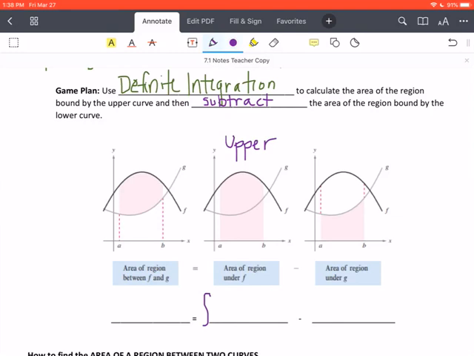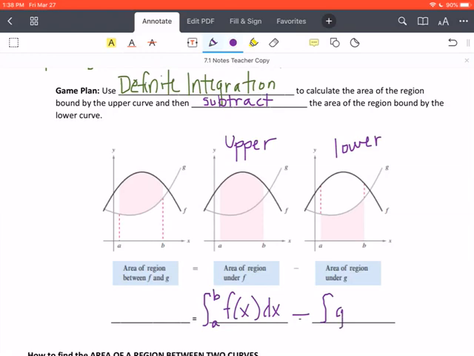So what would we do? If we're calling the upper curve f, we would take the integral from a to b of f of x dx, and then we would subtract that from the integral of our lower curve area.